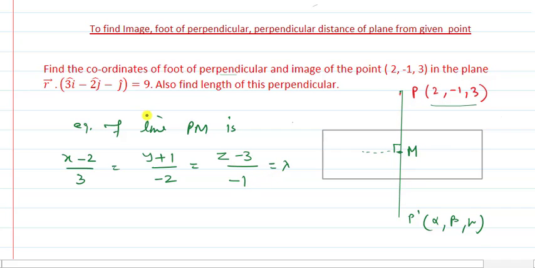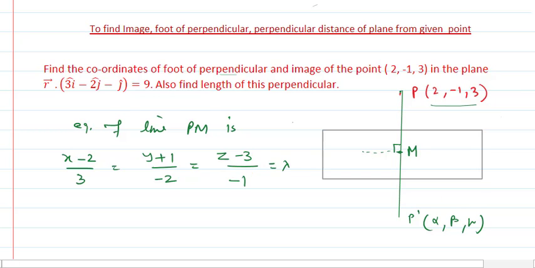In the starting, you will add the same thing as I told you, that line PM has its passing point as P, having coordinates 2, minus 1, 3, and as PM is perpendicular to the plane, therefore the direction ratios of the normal to the plane, that is 3, minus 2, minus 1, are also the direction ratios of PM. Therefore, the equation of line PM is this. So, you have to write everything before writing this line.